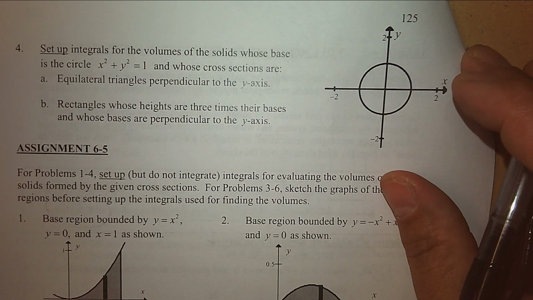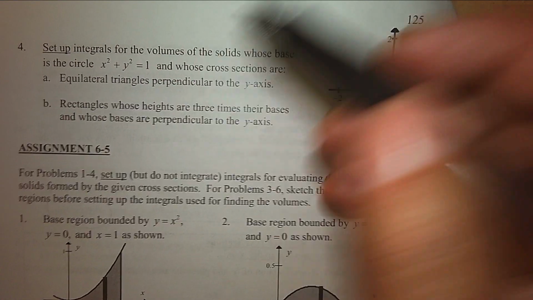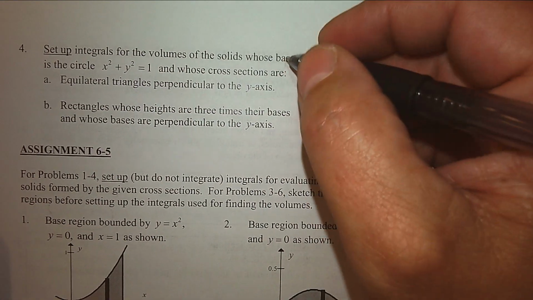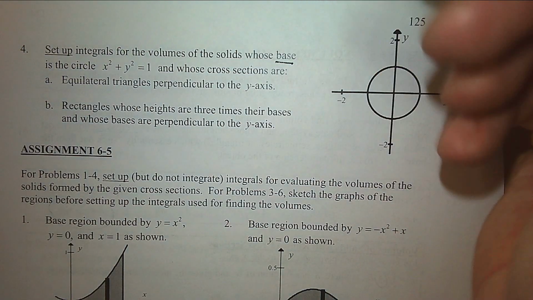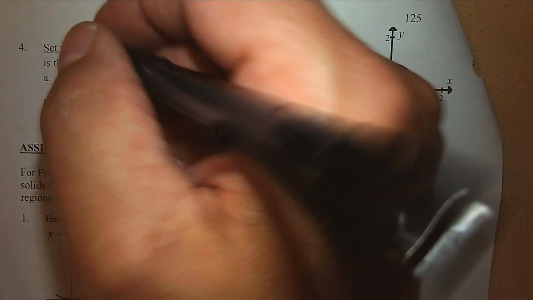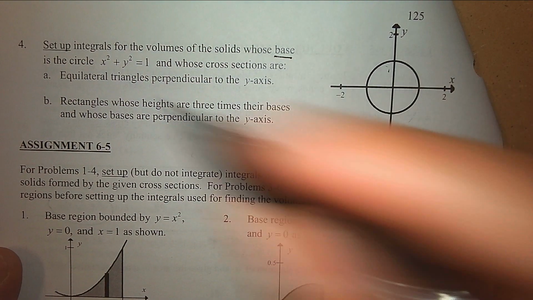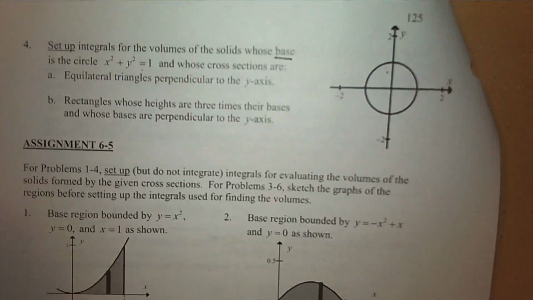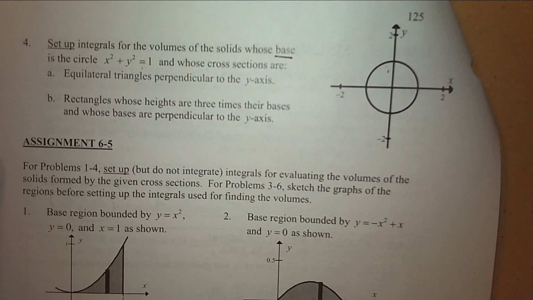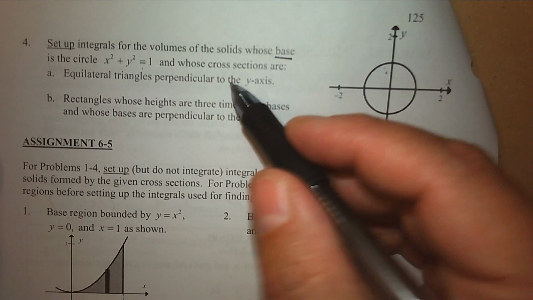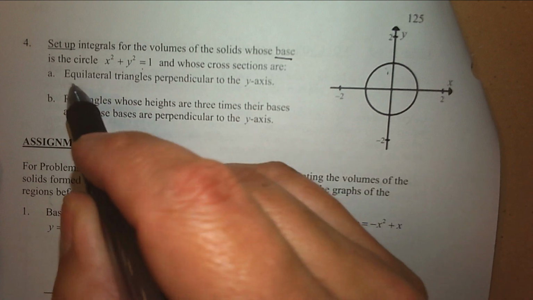4. Set up integrals for volumes of the solids. Let's see what matters. The base is what? So do you see the circle here? X squared plus y squared equals 1. We are going to find cross sections, and it says equilateral.